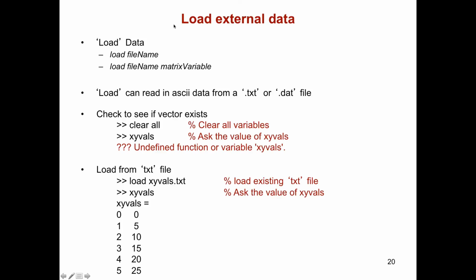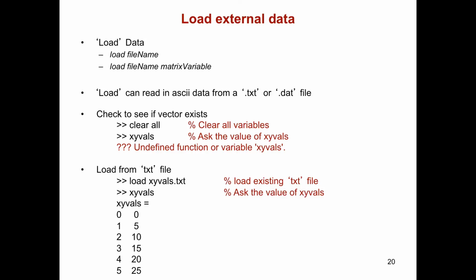All right. So loading, just as a summary, I can load MATLAB type of file. I can also load text file. Clear all I use to clear all variables, or I can specify which variables to clear.